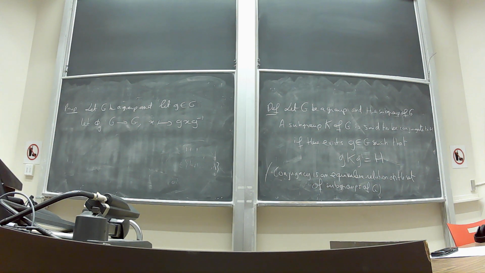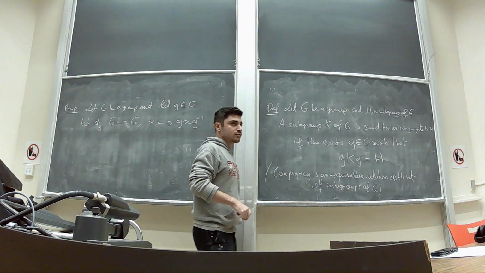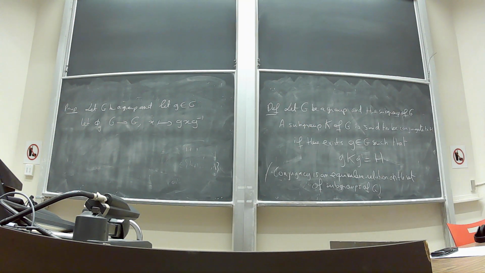Okay, so I fix g and I send x to g x g inverse. I let my x vary and I fix g. Okay?